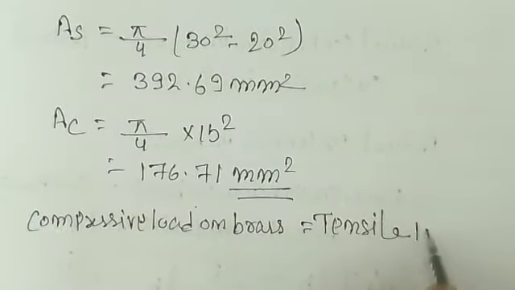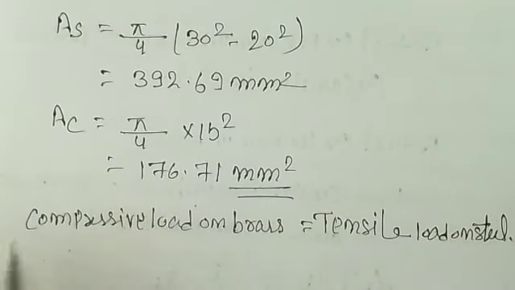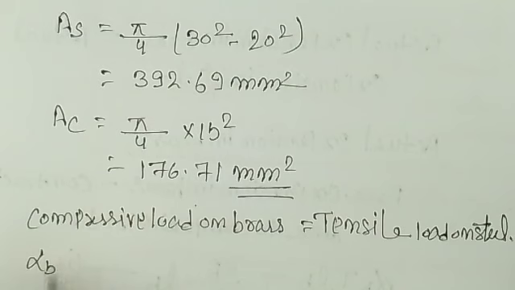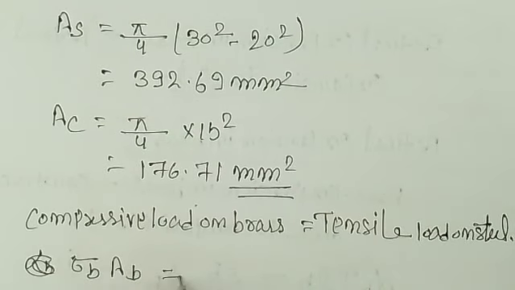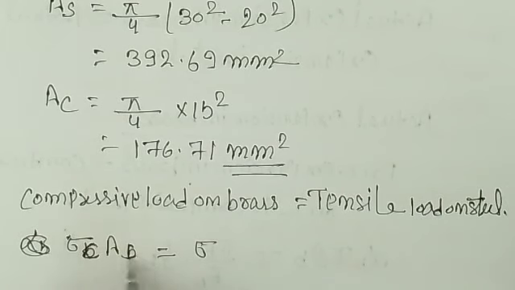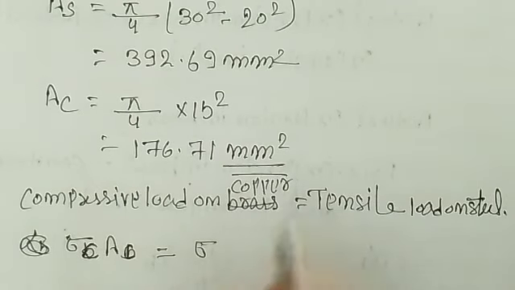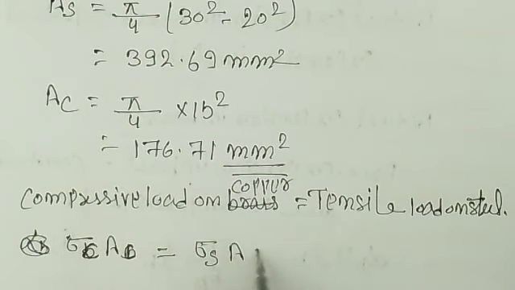And tensile load on where? On steel. So this is sigma b into AB is equal to, brass is nothing but the copper, you can write sigma c into AC. This is copper, right? Otherwise the people will get confused. That is sigma s into AS.